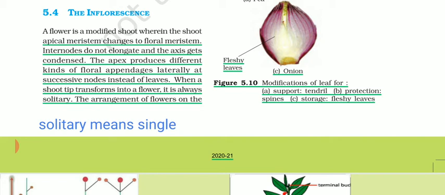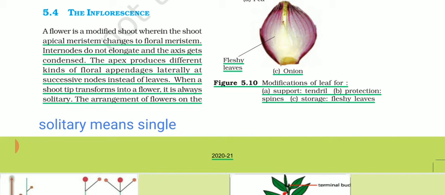Flowers will originate from the modified shoot, and that shoot is called the floral meristem or floral shoot. The stem grows from the simple apical meristem, and the flowers will start growing on the floral meristem. Internodes present between the successive nodes will not elongate much, but the axis will get condensed.